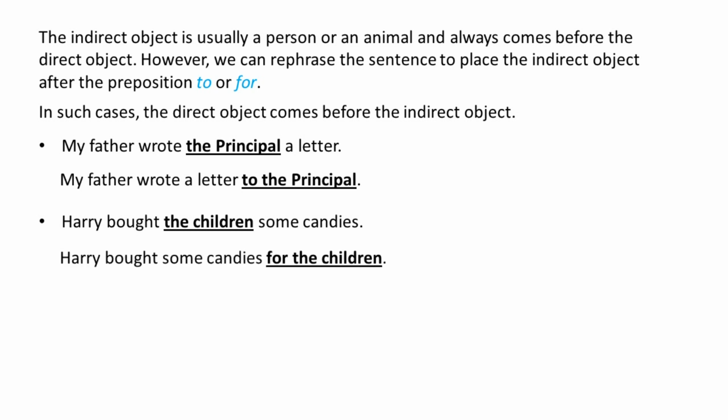Harry bought some candies for the children. So look here, we have placed the preposition for before the indirect object, the children, and therefore we placed the direct object, some candies, before the indirect object.